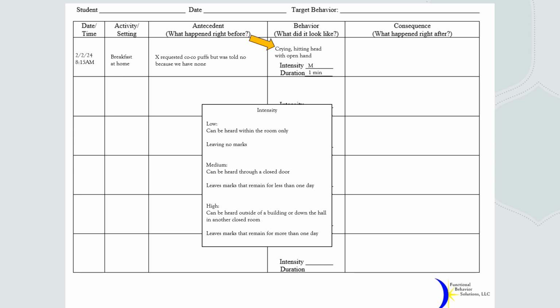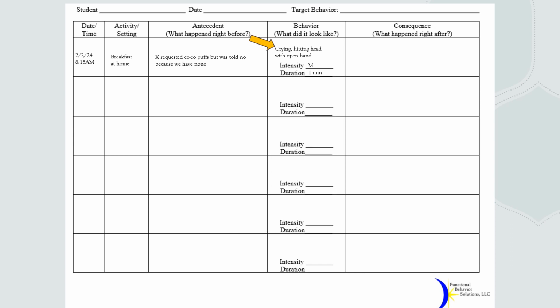For some individuals, low could mean leaving marks that last less than a day, and high could be breaking the skin or leaving lasting bruises that take multiple days to heal. So these definitions of intensity are very customized depending on the behavior itself.